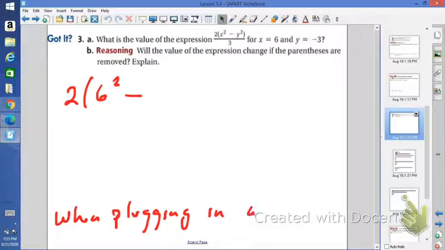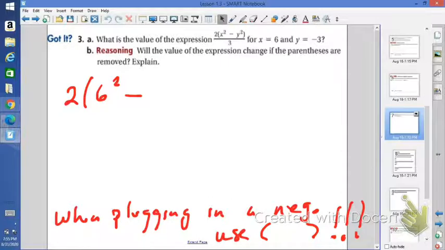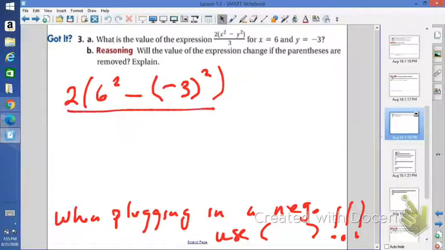Super important. All right, so it's 6 squared minus parentheses negative 3 squared. And then we're going to divide by 3.